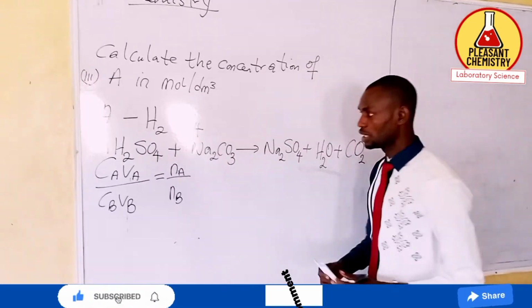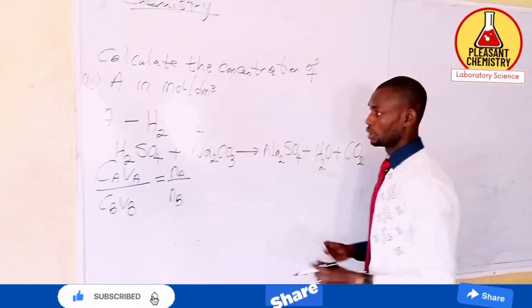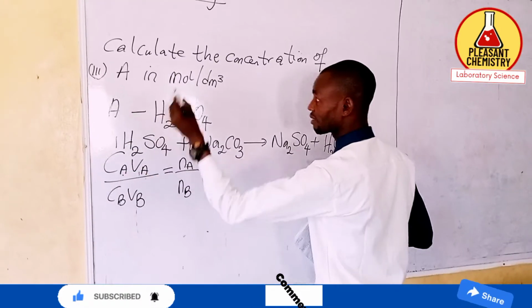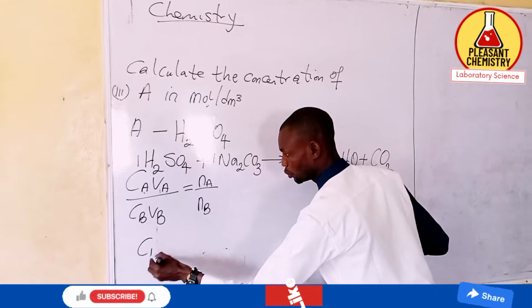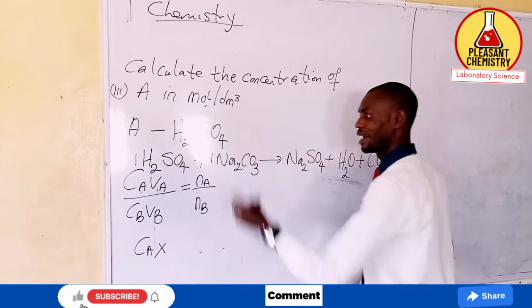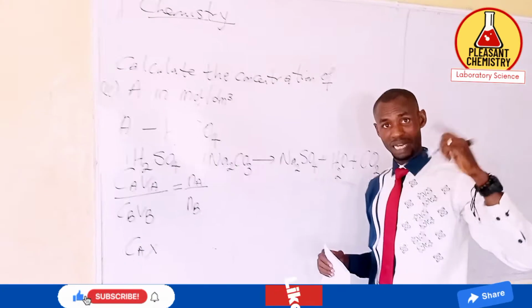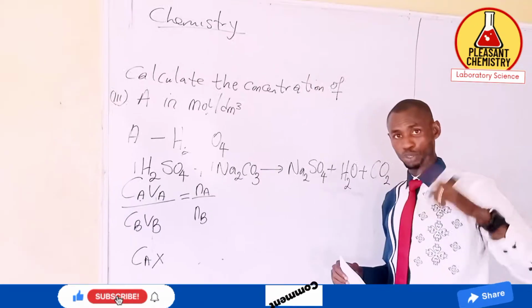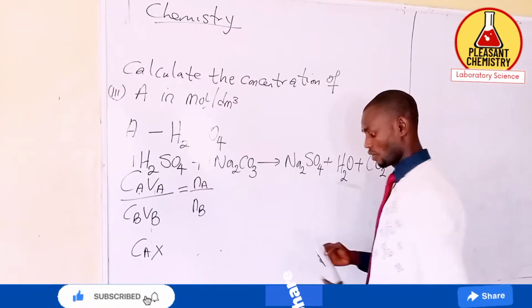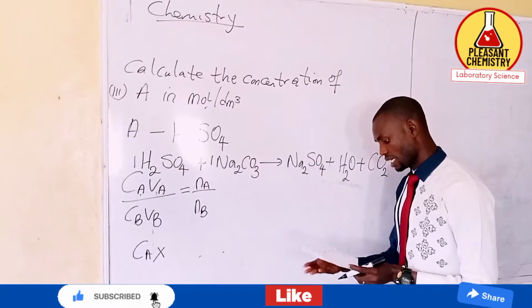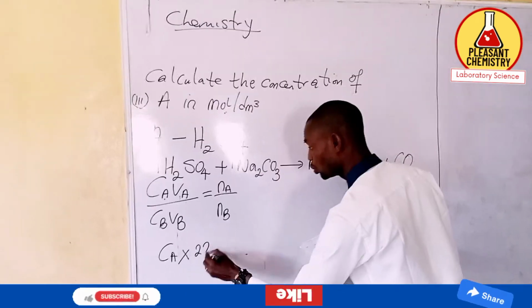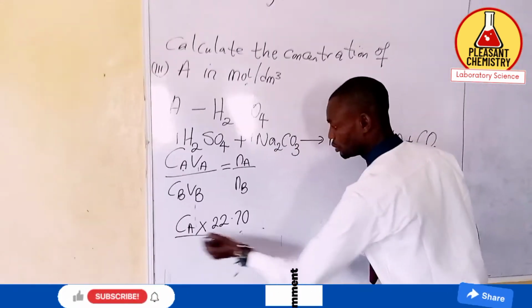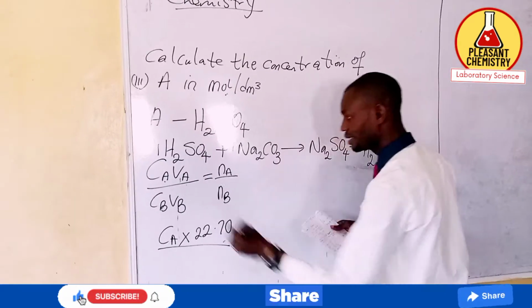So let's quickly substitute the values. We have to calculate our Ca, which represents the molar concentration of A, which is unknown. Ca multiplied by our Va. I have highlighted that, rewind the video to see it. Our Va is equal to 22.70, divided by our Cb.